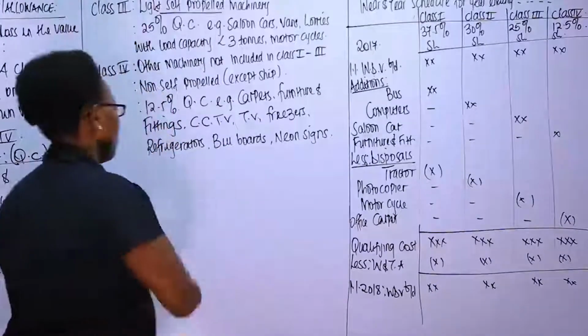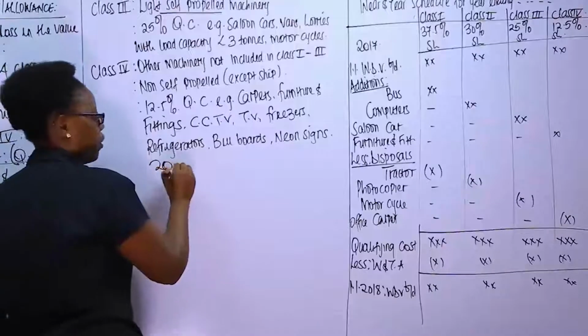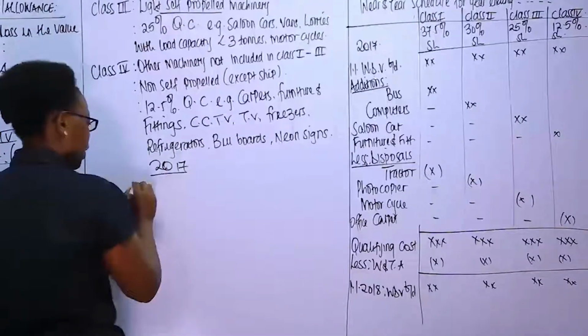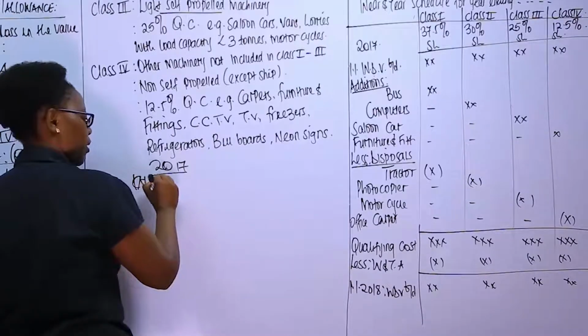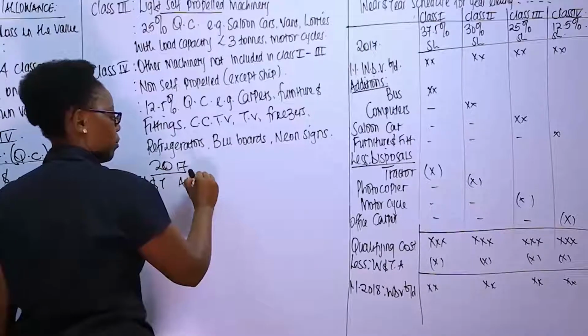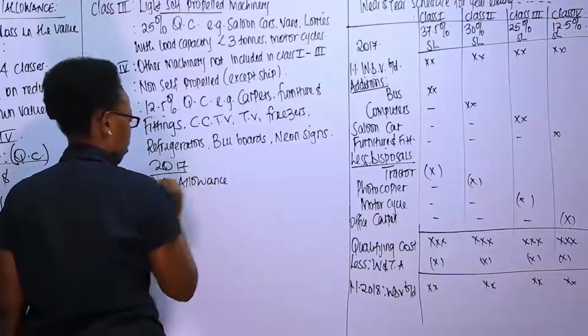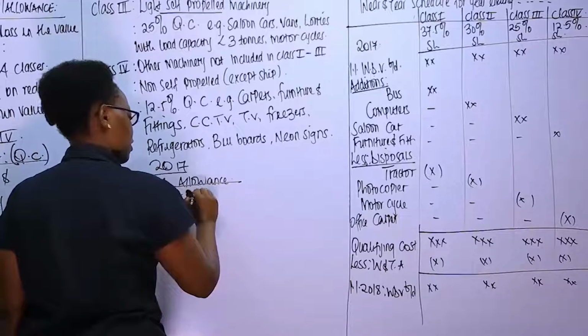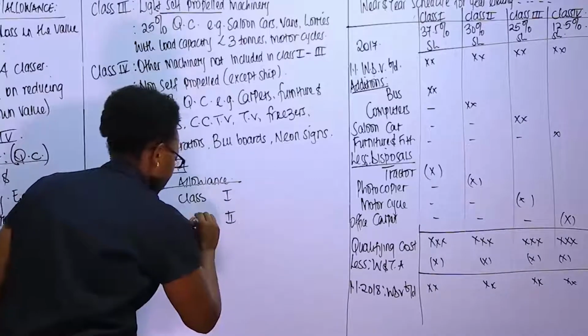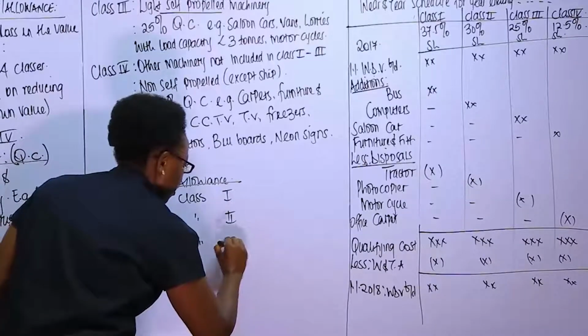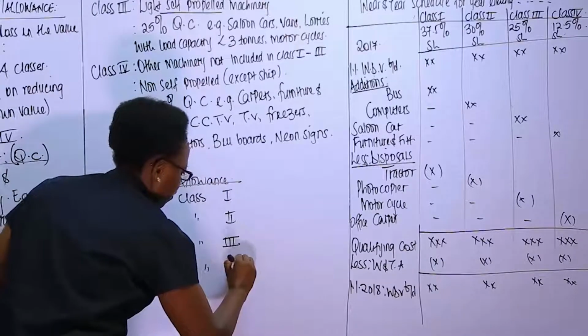So it means for 2017, for example, using this illustration, we will have capital allowances or wear and tear allowance, classified as class 1, class 2, 3, and 4.